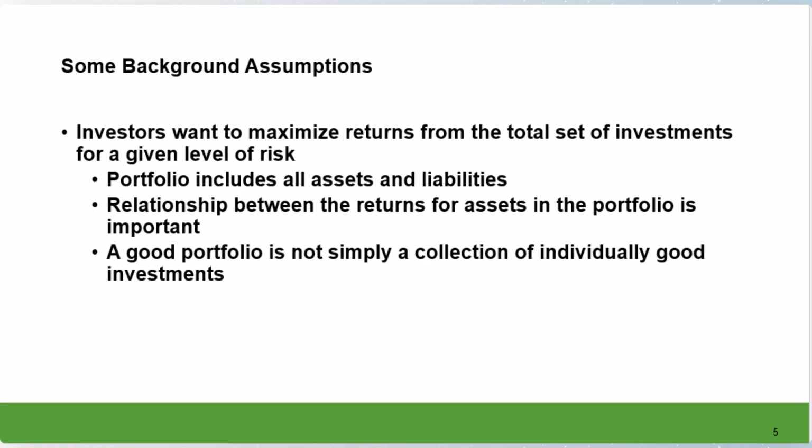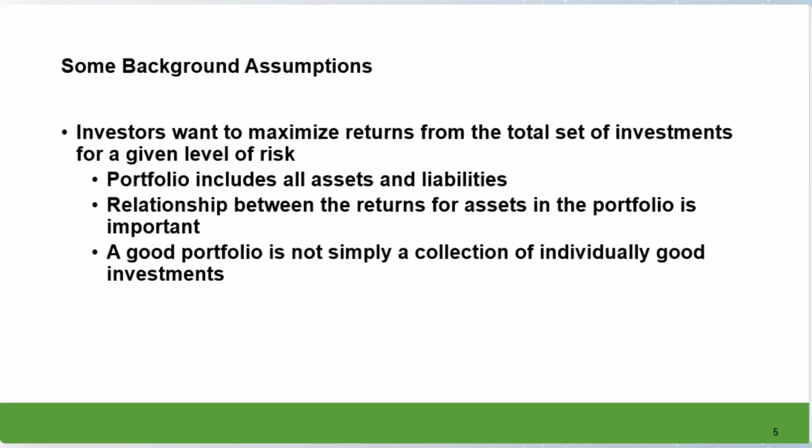Second, a portfolio includes all assets and liabilities. When we talk about a portfolio, we're not just talking about your retirement account. It's your job, it's your student loans. Sitting in a classroom right now, you are actually making an investment in your future. Third, and this is very, very important, there is a relationship between asset returns.